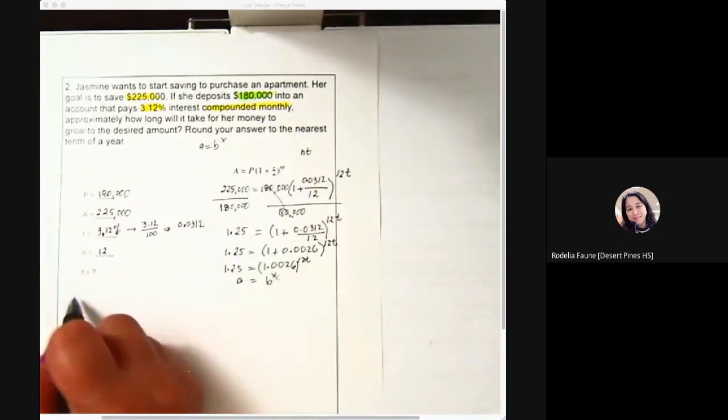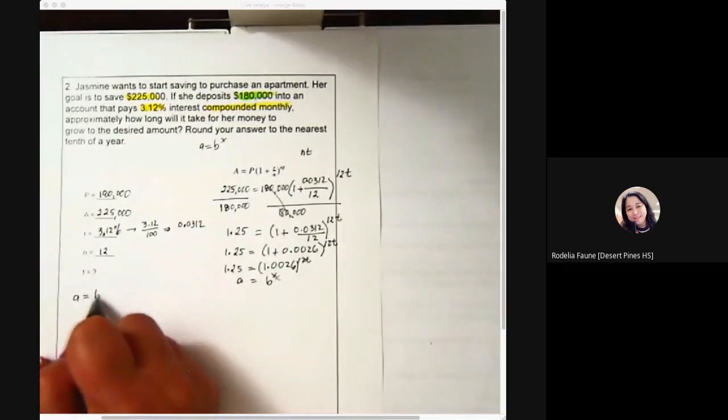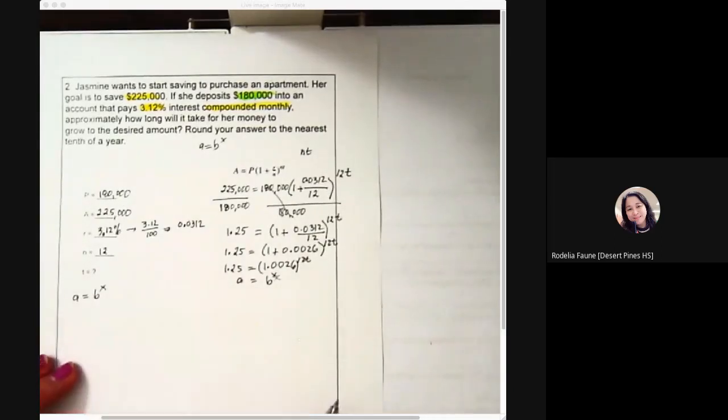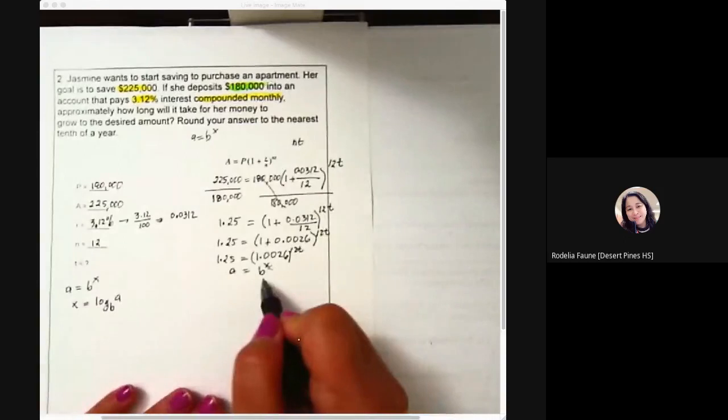Now, we are going to rewrite this in logarithmic form, or write a logarithmic equation. In order to do that, we can write this as x equals the logarithm of A to the base B. So we do the same thing here.